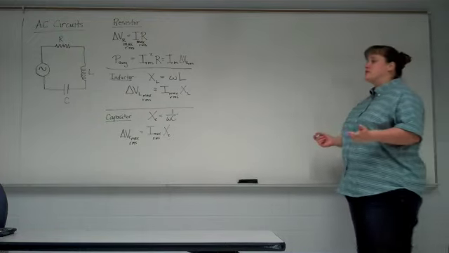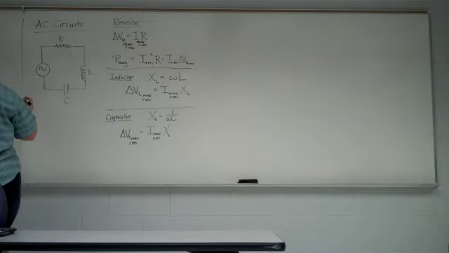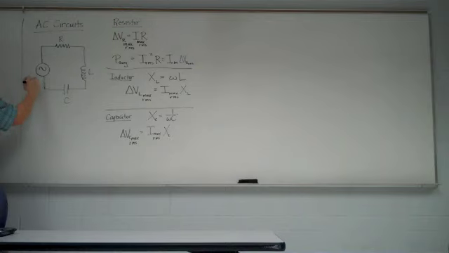Now, Kirchhoff's loop rule still has to apply. Our voltage is going to be changing with time. We can write it as either a sine or a cosine function. It just depends upon the starting point.